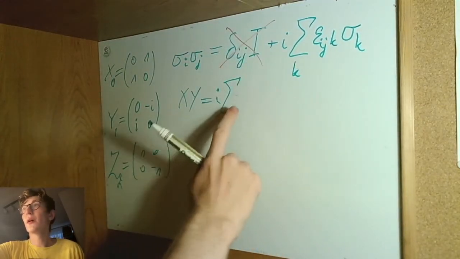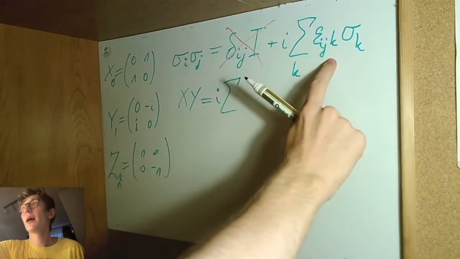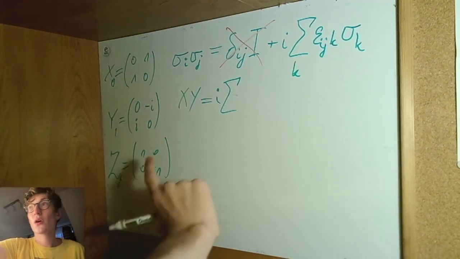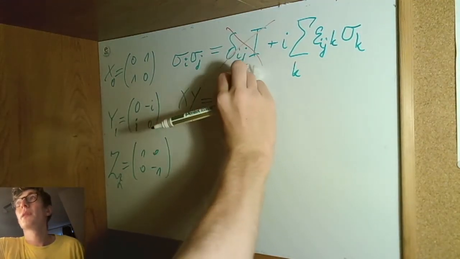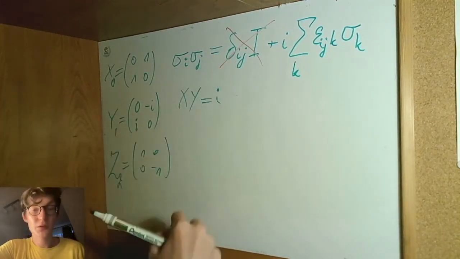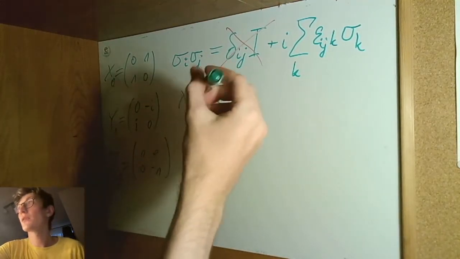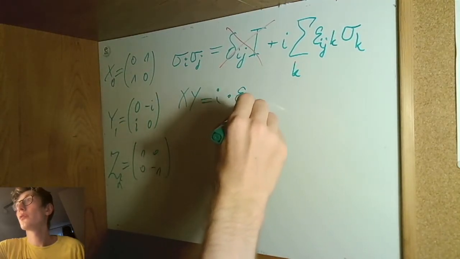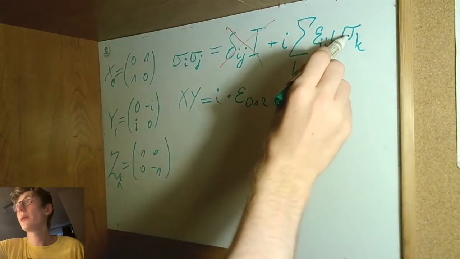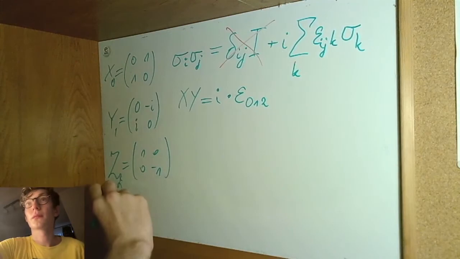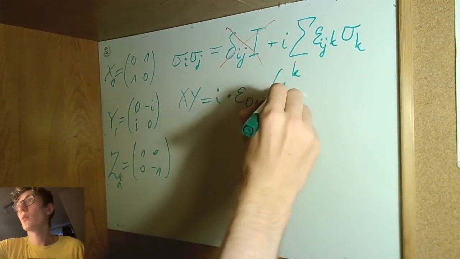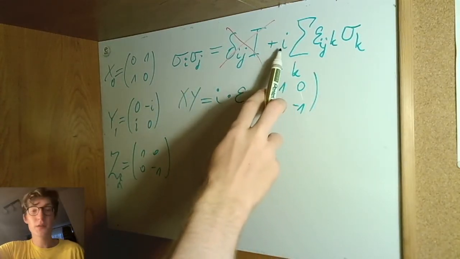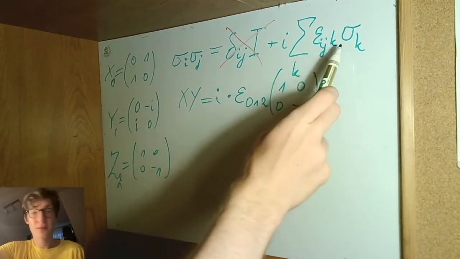So we only care about k different from 0 or 1, so it's not a sum, it's just one element, because only 2 is left. So we can write it as epsilon 0, 1, 2, and here will be sigma 2, so it's Z: 1, 0, 0, -1. Also, we have to remember that this i is an imaginary unit, not one of the indices.